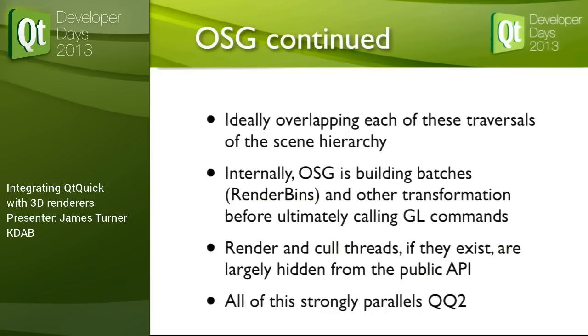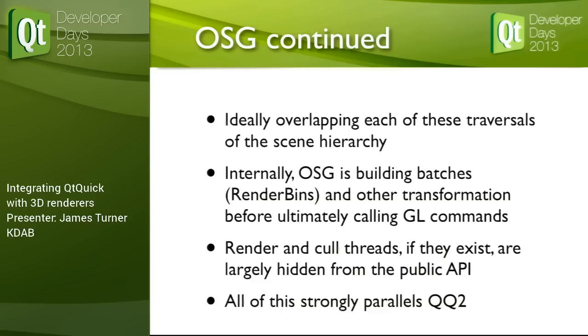And if the render and cull threads exist, remember there might even be 6 or 7 cull threads and 1 or several render threads, again, the public API of OpenSceneGraph hides them from you. There are no stop and pause and get-me-the-thread-handle kinds of queries.